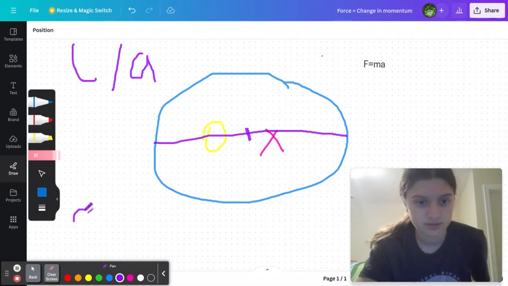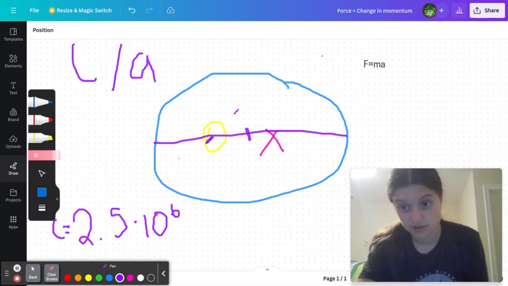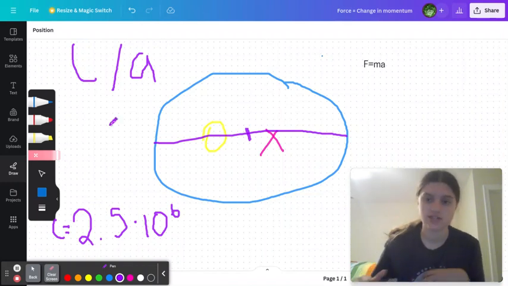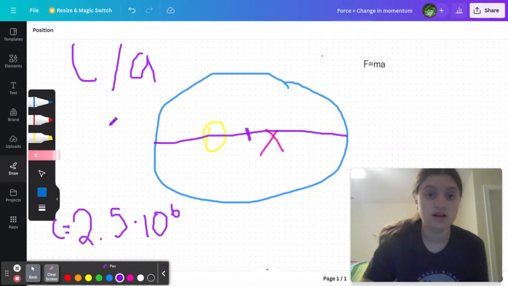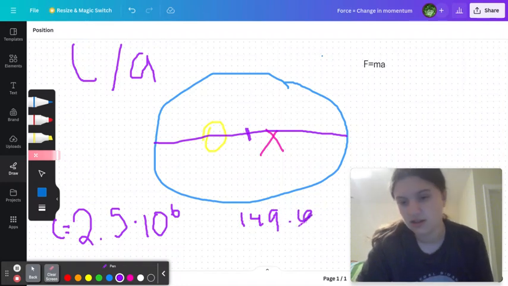On Earth, it's going to be 2.5 times 10 to the 6th meters. All of this is times 10 to the 6th. When I show you a graph that I made, it's not labeled times 10 to the 6th because everything is times 10 to the 6th, so it's just scaled down. Your a value is going to be 149.6 something.